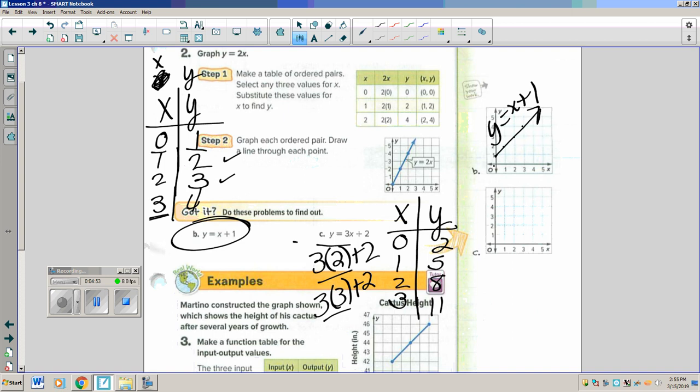Over 0, don't go anywhere, up 2. 1, 5 goes there. 2, 8 would be up here, and then 3, 11 would be way up there. So that's okay, that happens. Y equals 3x plus 2. That's the graph over there.